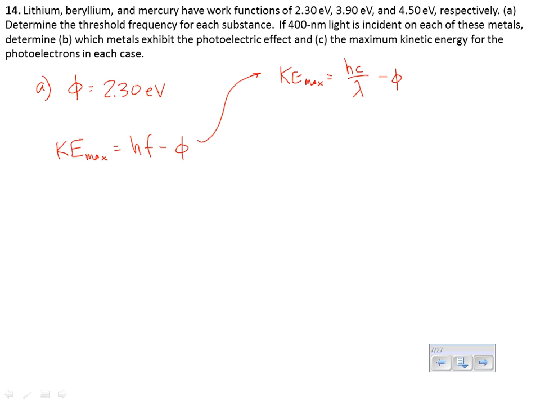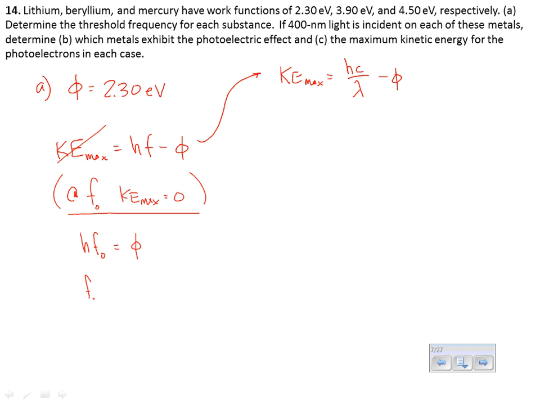Now, at the threshold frequency f naught, KE max is 0. So we get rid of that, and we say that h f naught equals phi.